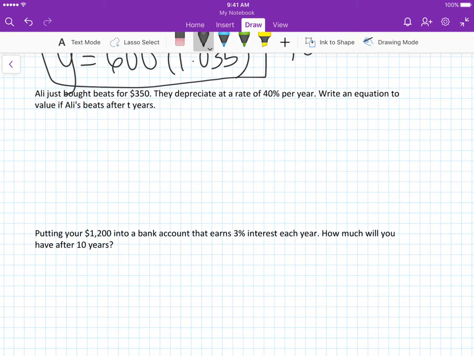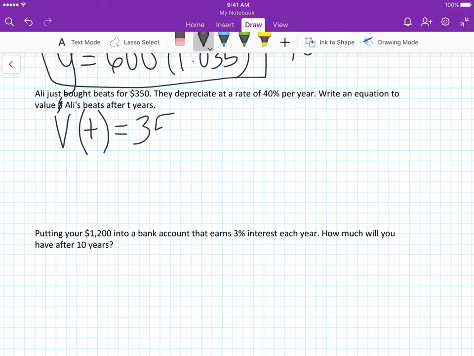Two more. Allie just bought beets for $350. They depreciate at a rate of 40% per year. Write an equation to value Allie's beets after 2 years. Alright, so after 2 years means that I should probably use something like value after t, V of t.